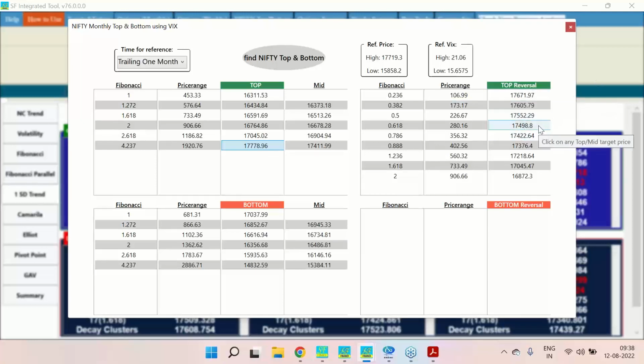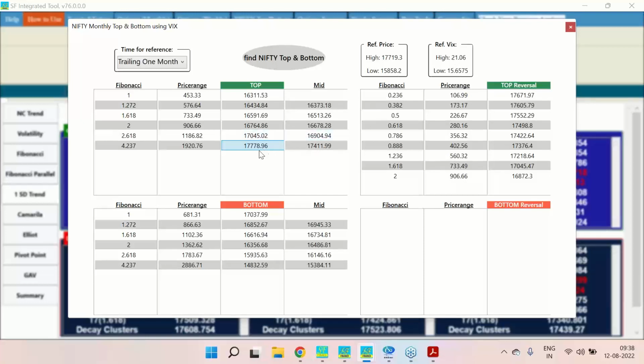17,498 and 17,422 are achievable. However, as of now, the top is 17,779, which is intact till date. So this is the monthly top for the August month.